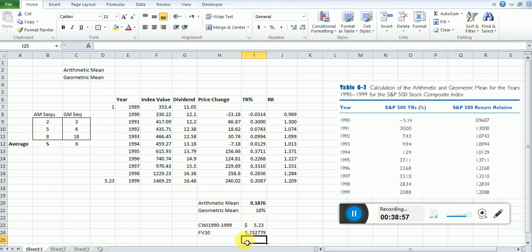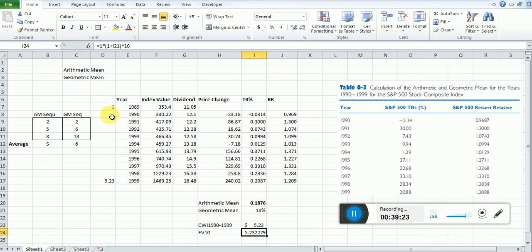So I've just used the future value. The cumulative wealth index is just computing the final value. If we take $1 and invest it for 10 years at the rate of 18%, we get the same result. So that is why, dear students, the average rate is 18%.